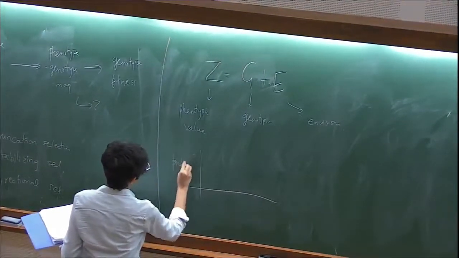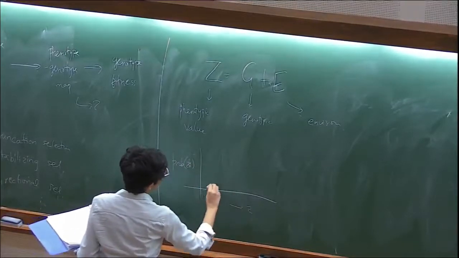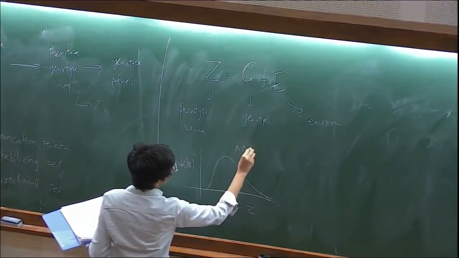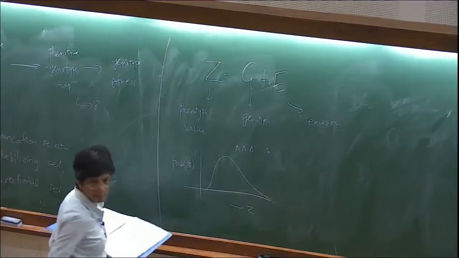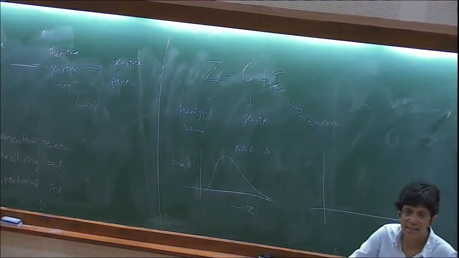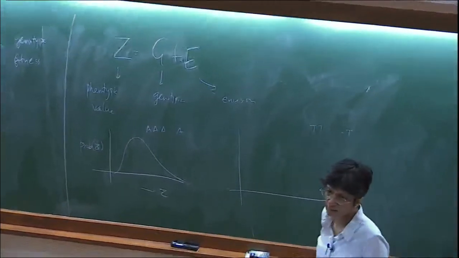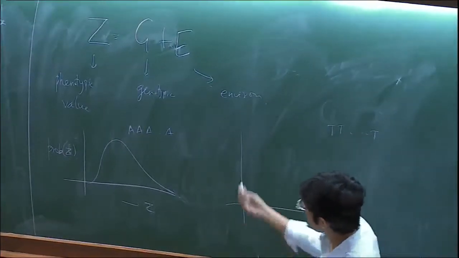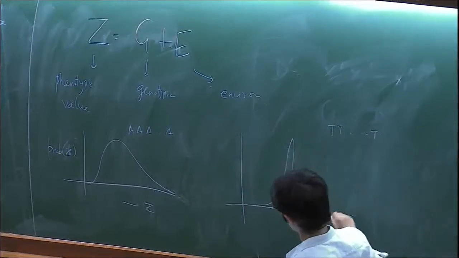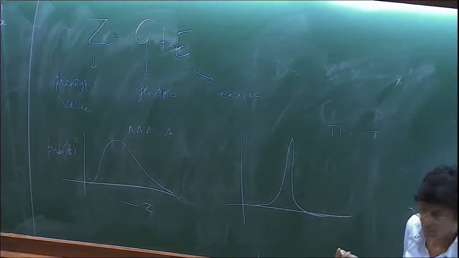So the probability of height, let's call it Z, is something like this for that sequence. Take a different sequence, let's say TGTTT. If I repeat this experiment, I'll probably find a different distribution. Maybe. So here, the variable is the environment.